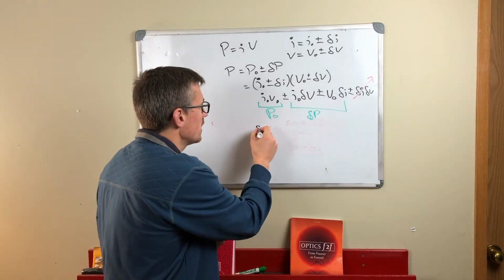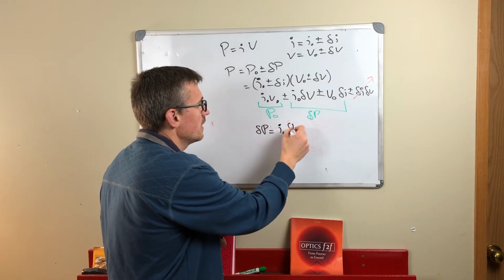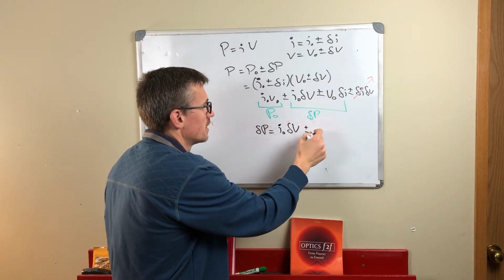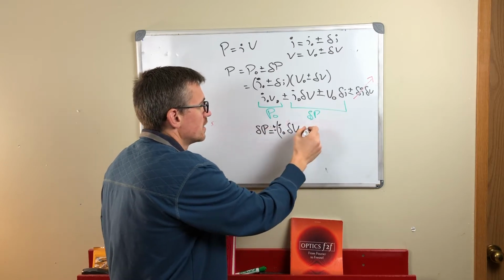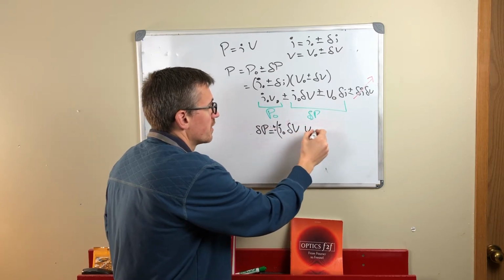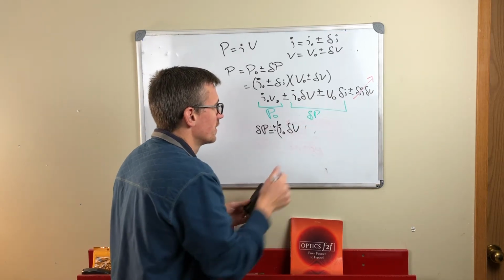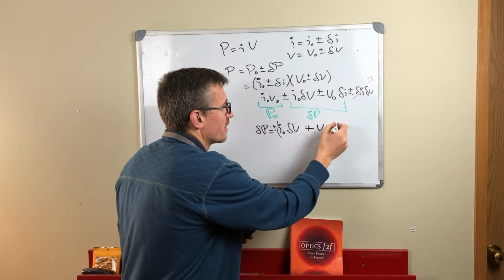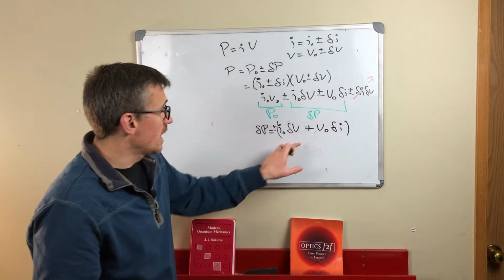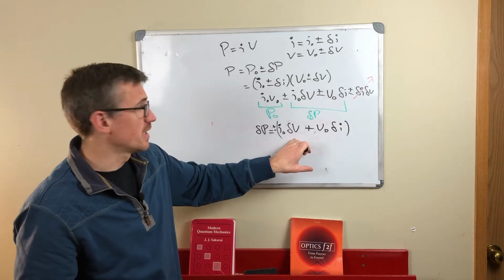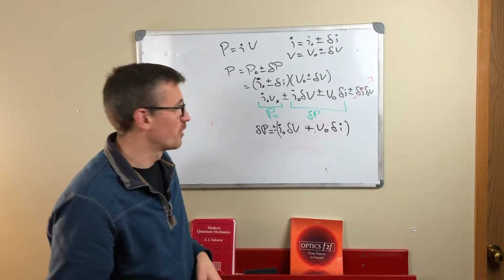So delta P is equal to plus or minus I naught delta V plus V naught times delta I, okay? And it looks like kind of a mess, right? The delta V is multiplied by the current and the delta I is multiplied by the voltage.